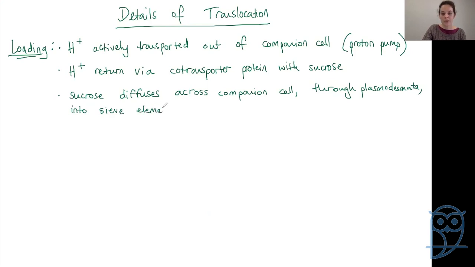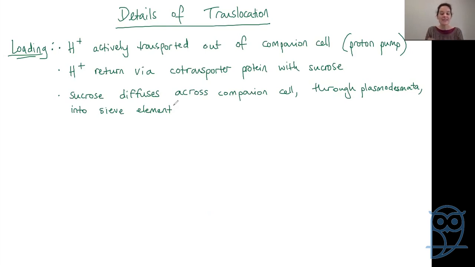And just stop and pause here and think about transport across cell membranes. We've got active transport here, we've got facilitated diffusion, and we've got diffusion. So, wonderful question if you're going to be asking about transport across cell membranes.